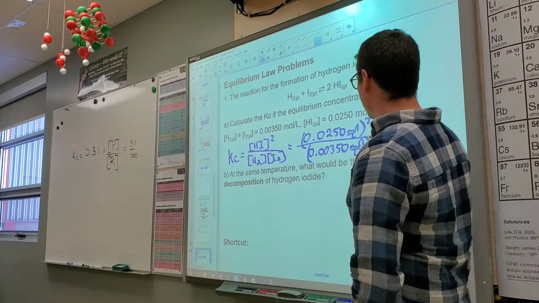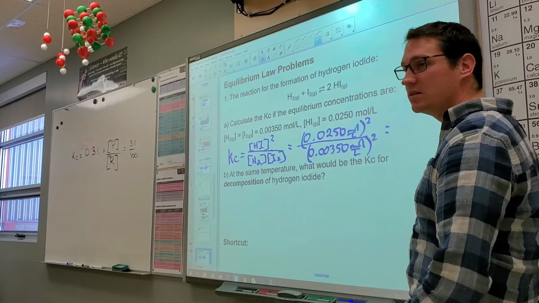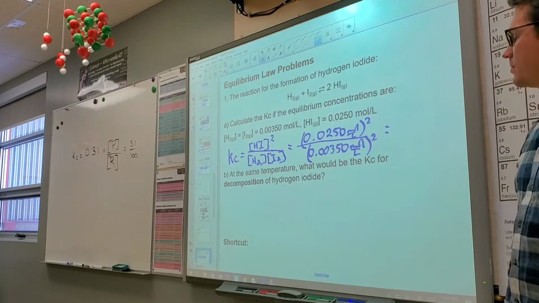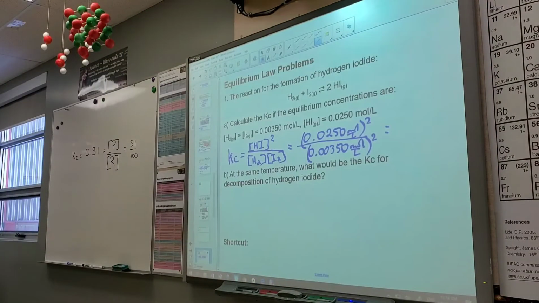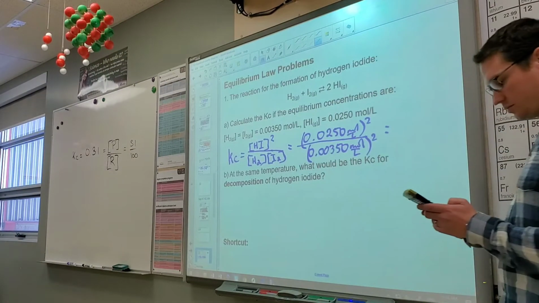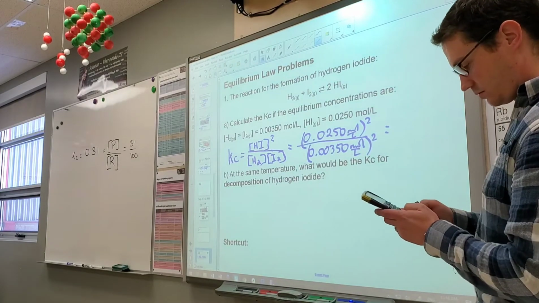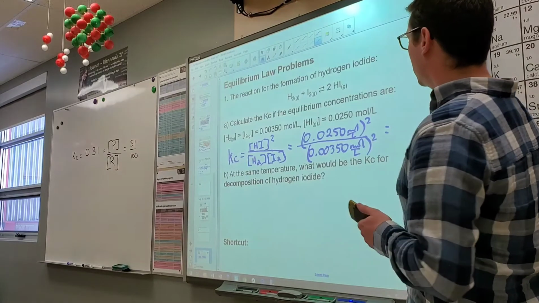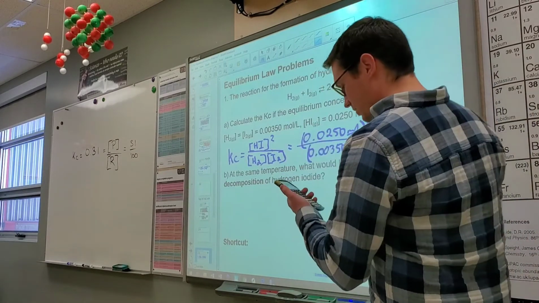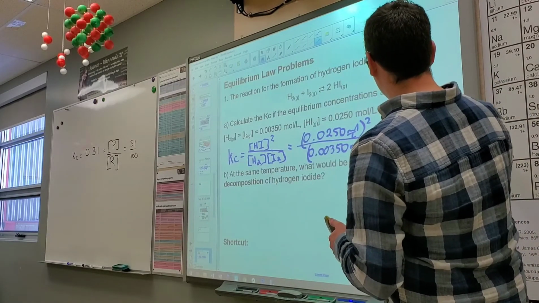I'm just going to write squared because I'm lazy. Is that like 50 or something like that? 51, right? Yeah. 3 digits, so it's going to be 51.0.